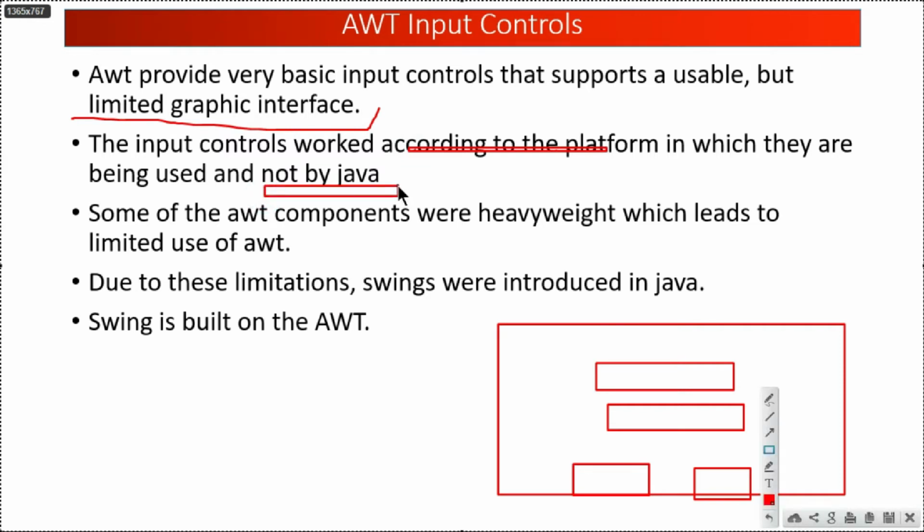What does that mean? Whatever you see on the screen when you design a frame and run it is based on the abilities of your operating system, your platform on which it is running. It was not given by Java. So it had very limited controls.